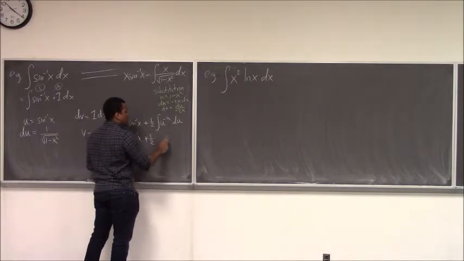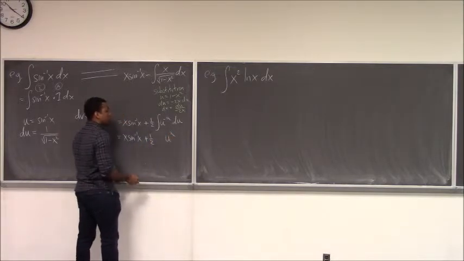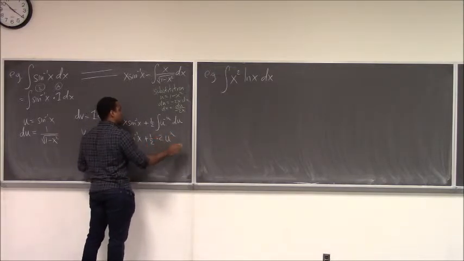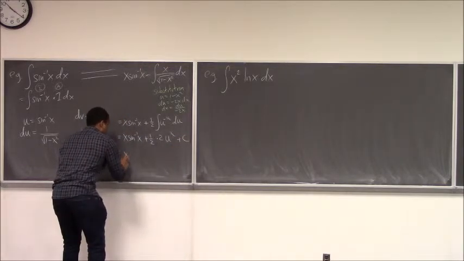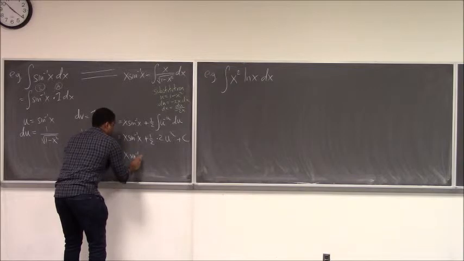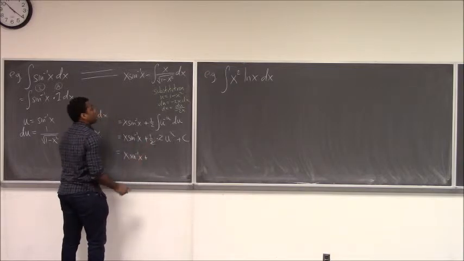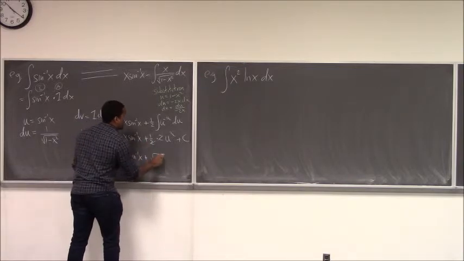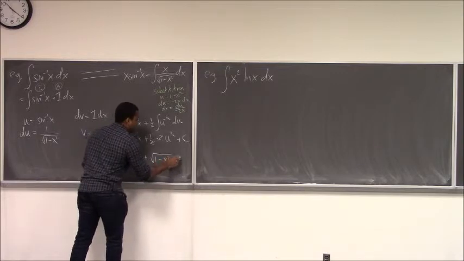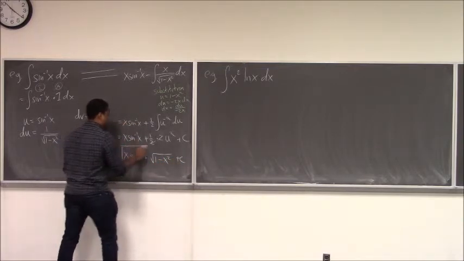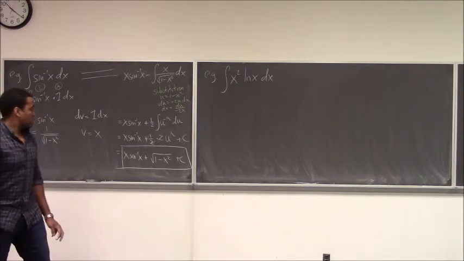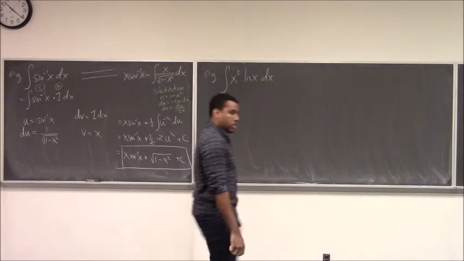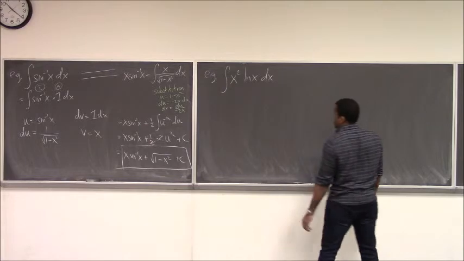Add 1 to the power, you get u to the 1/2. Divide by the new power, you get 2. And so this is actually just x sine inverse x plus, these cancel, it will just be the square root of 1 minus x squared. Exactly. And of course you can differentiate that and see that you'll actually get the original.